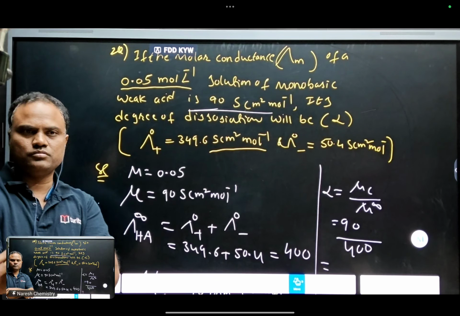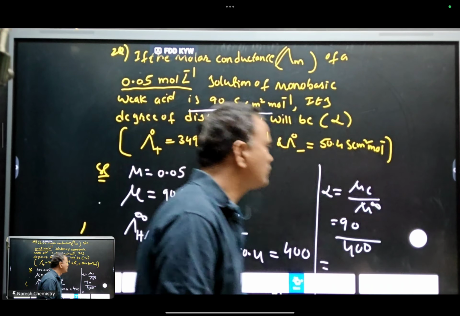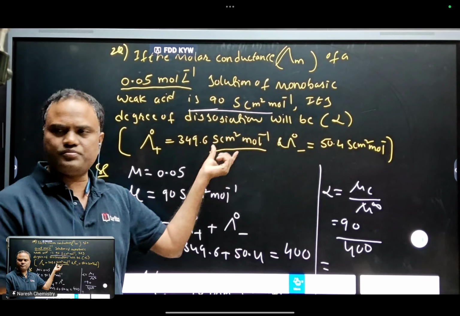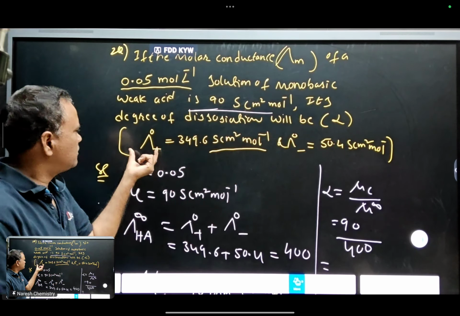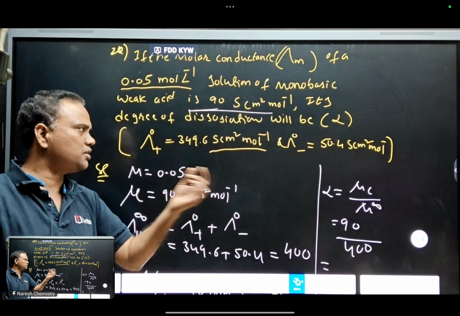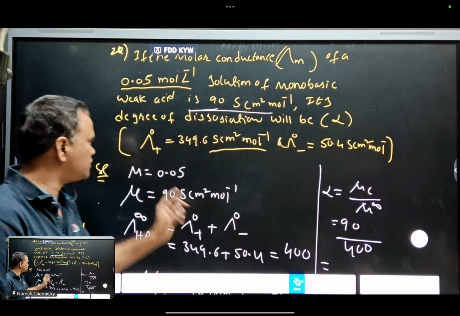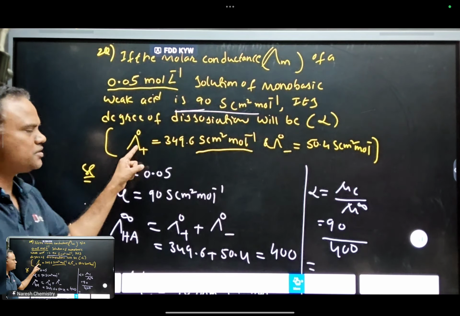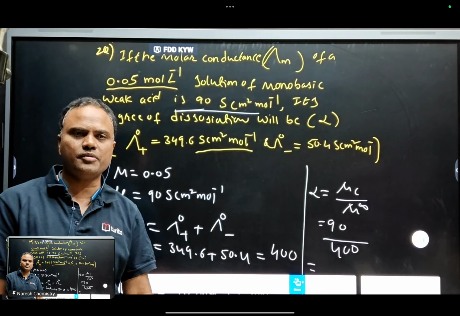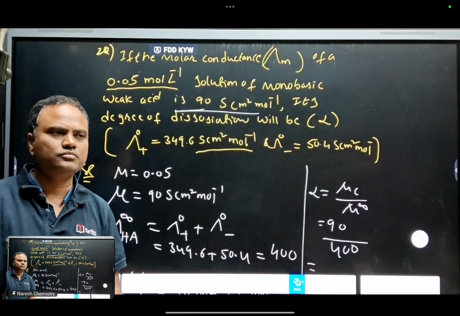The answer is 0.225. Irrespective of the symbol, see the units first. This representation is okay, in any way you can take, but units are important. If ohm inverse centimeter square mole inverse is present, it is compulsorily molar conductance only. If ohm inverse centimeter square gram equivalent inverse is present, it is compulsorily equivalent conductance only.